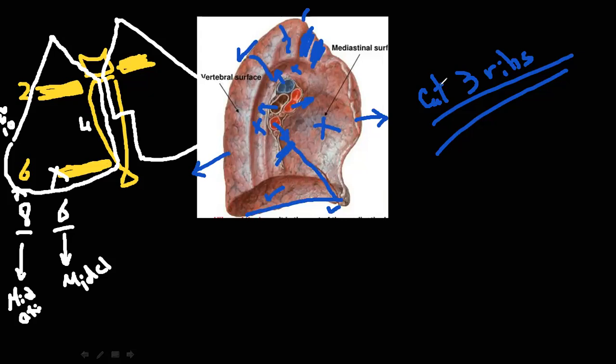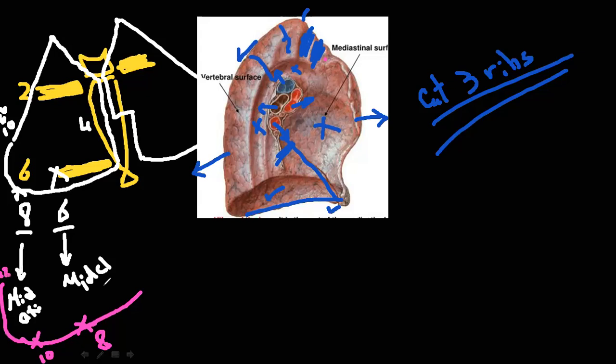The pleura is the same. But what is the difference here? Who can tell me regarding the inferior border? The pleura, 8. You can add 2 only. So number 6 will be number 8, number 8 will be number 10, and number 10 will be number 12.